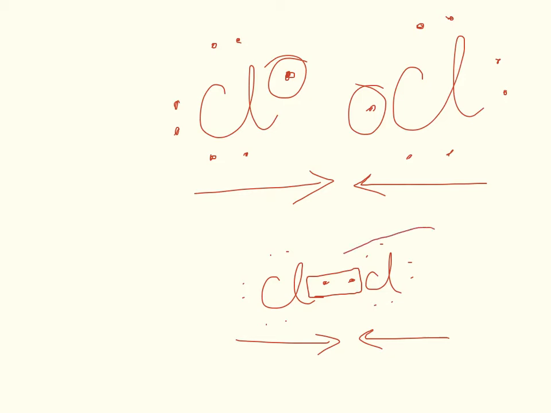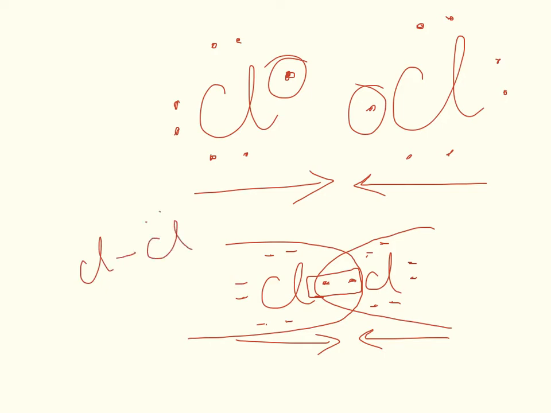So this chlorine has 8 electrons, and this one also has 8 electrons. So they both have 8 electrons each, and this will be represented as chlorine, bond, chlorine. So this is how Cl2 is.